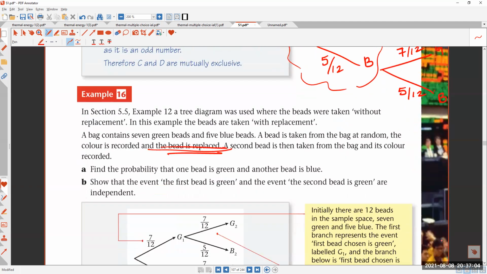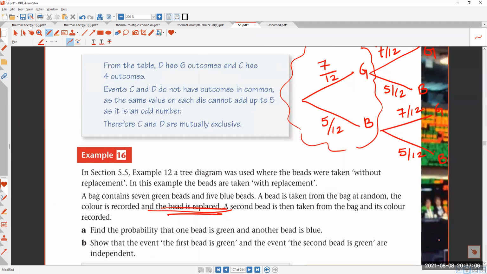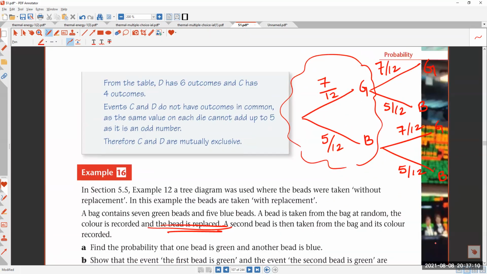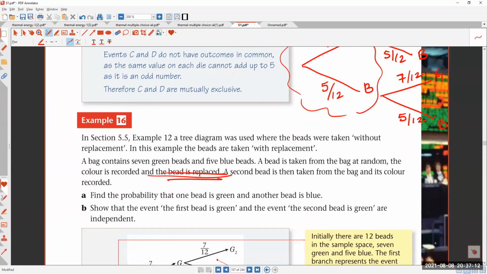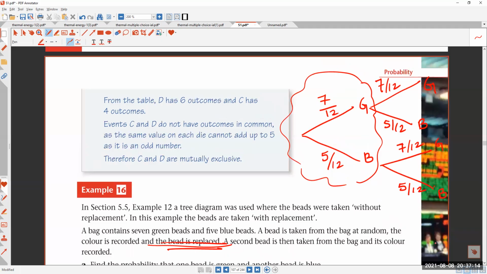Okay, they say find the probability that one bead is green and another bead is blue. One green means the first is green and the second is blue, or the first is blue and the second is green. Okay, so the first green 7 by 12, the second blue which is 5 by 12, or the first blue and the second green. Does everyone understand? Because they said one is green, one is blue.